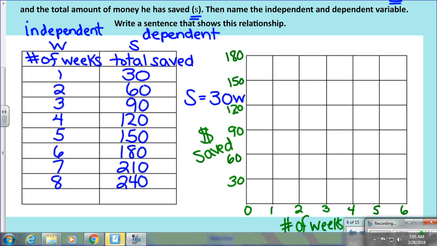We're going to start right with 1 and 30, 2 and 60, 3 and 90, 4 and 120, 5 and 150, and 6 and 180. And our sentence would be, money saved depends on number of weeks.